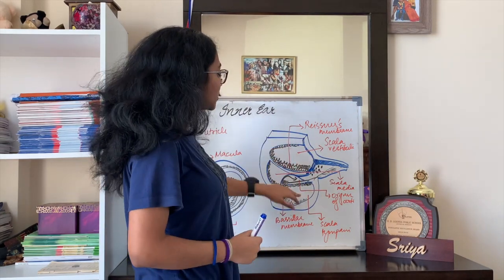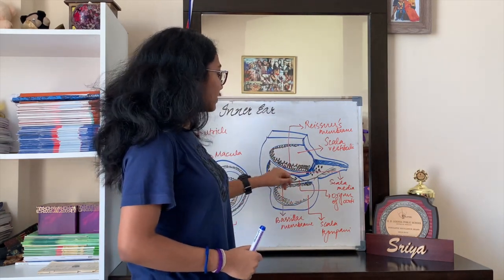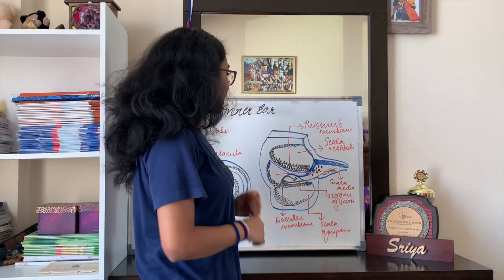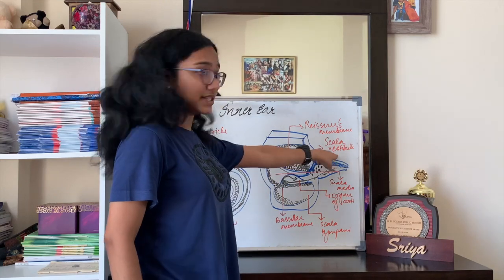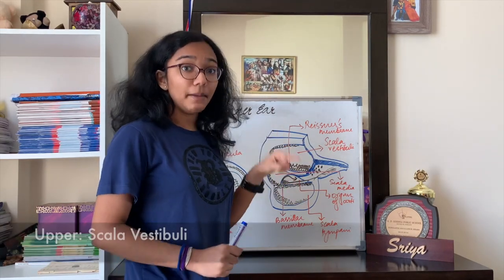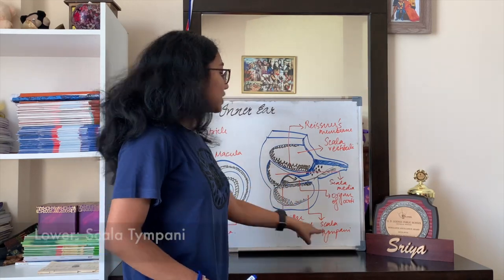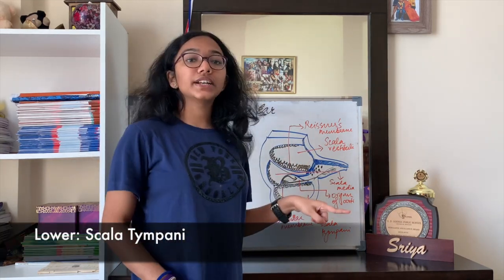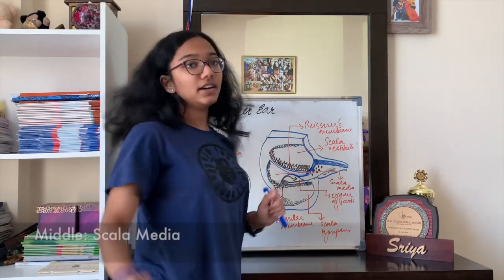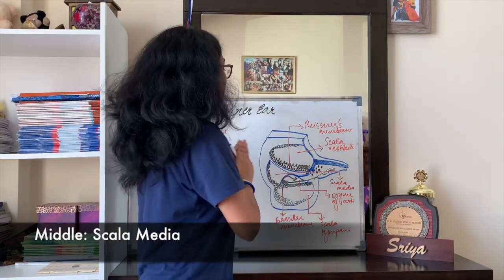These two are the bony labyrinth and this middle one, or scala media, is the membranous labyrinth. Now, the upper one is known as scala vestibuli. It contains perilymph because it is the bony labyrinth. The lower one is known as scala tympani. It also contains perilymph because it is the bony labyrinth, but scala media contains endolymph because it is the membranous labyrinth.